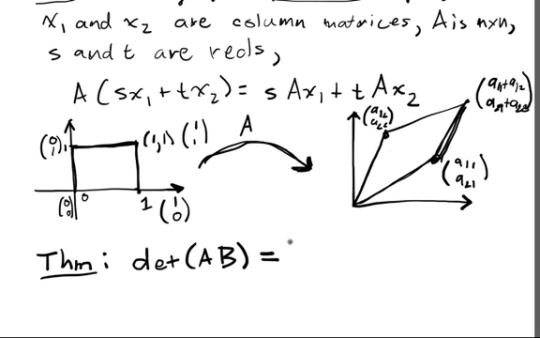And in the long run, when I combine these two mappings, what's the net distortion of volume? Well, that turns out to be the distortion of the volume caused by A times the distortion caused by B.